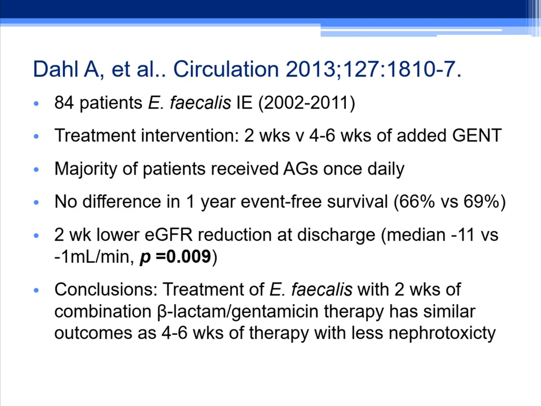And then when looking at the estimated GFR at discharge, you can see that the 2-week period of aminoglycoside versus the 4 to 6 weeks had a significantly lower overall reduction of eGFR. So they had less renal nephrotoxicity. It just really validated that you could do just 2 weeks of your aminoglycoside if you have to go that route, and it's associated with less nephrotoxicity.